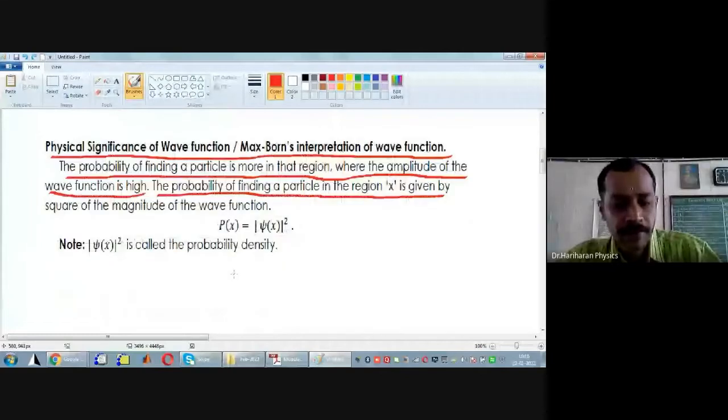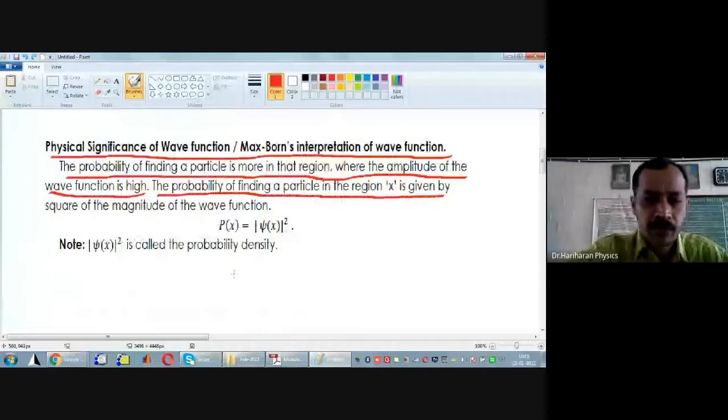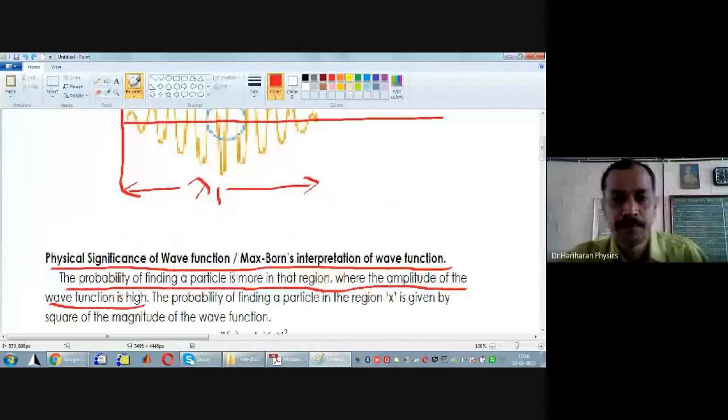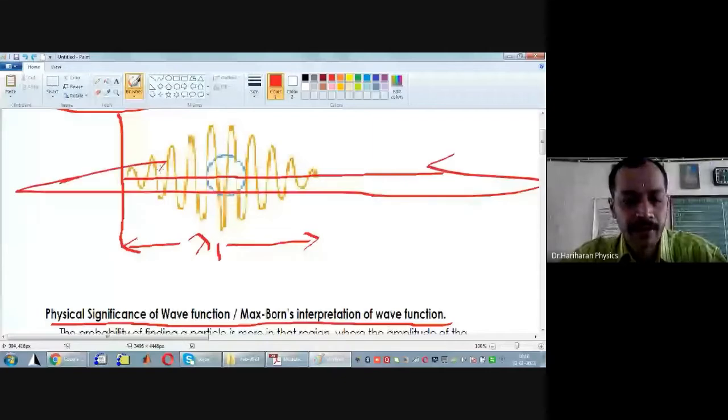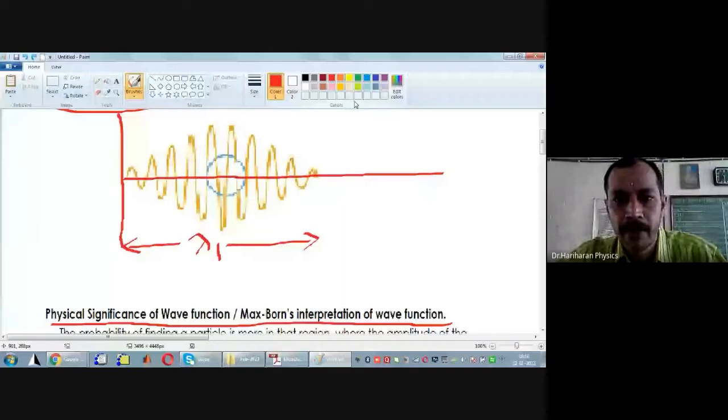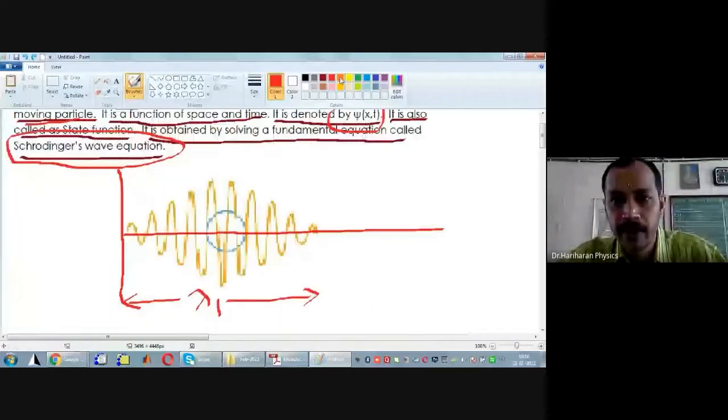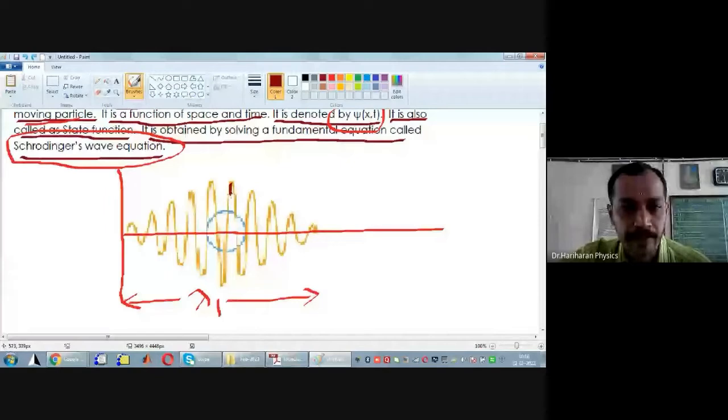So what does that mean? Look here. Let me take again the same example. I'll take this matter wave. Can you see from this figure? For example, if I take the brown color, in this figure you can see that the amplitude is high in this region.